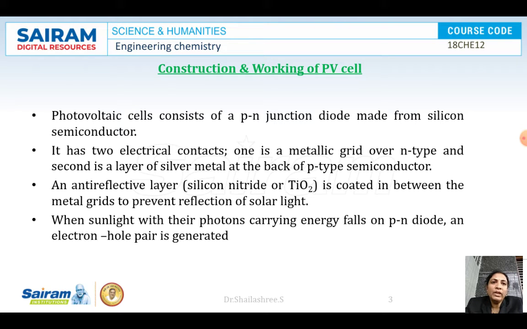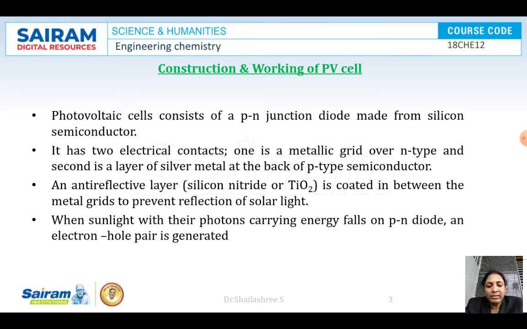The PV cell consists of two electrical contacts. One is a metal grid at the top of the solar cell, and the second one is a metal layer, any metal like silver, coated on the back side of the solar cell.